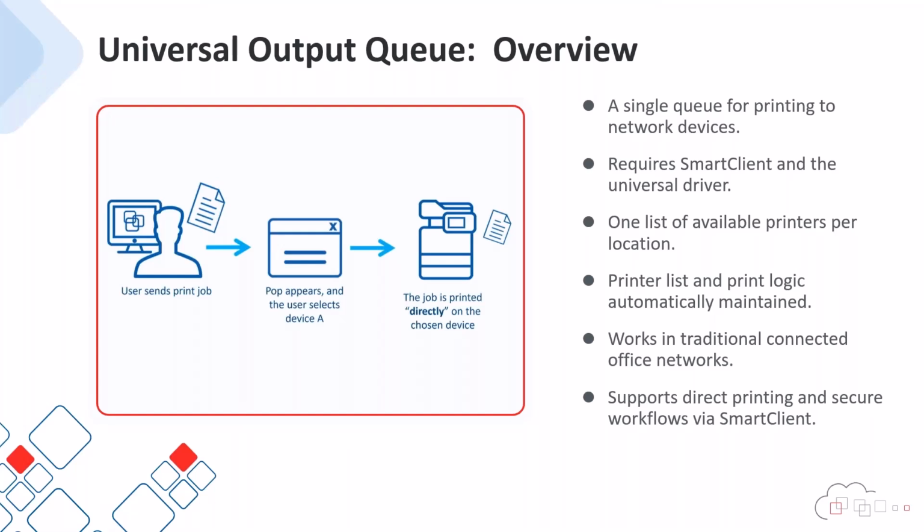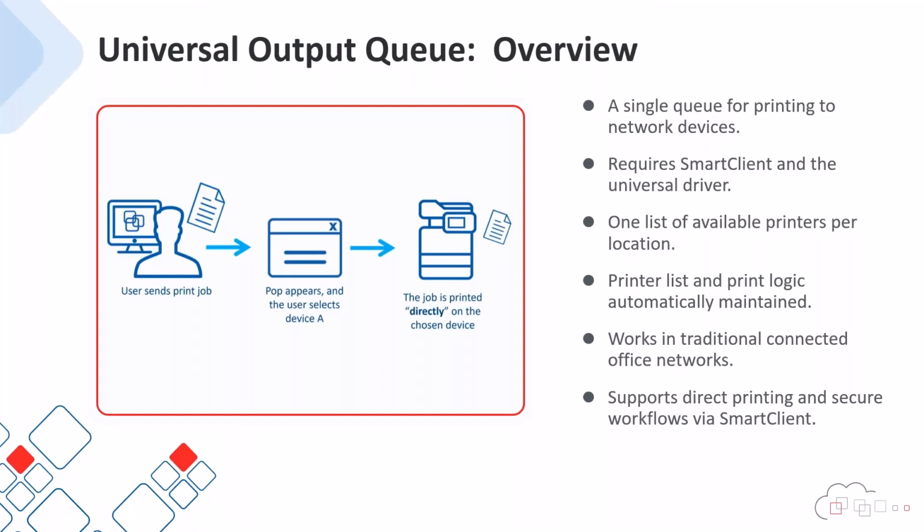A smart client maintains the printer list and routes each job correctly without users managing individual drivers or configurations. This is supported in terms of traditional universal output queue behavior, where the smart client and the printers communicate over the local network, so in a typical traditional network.